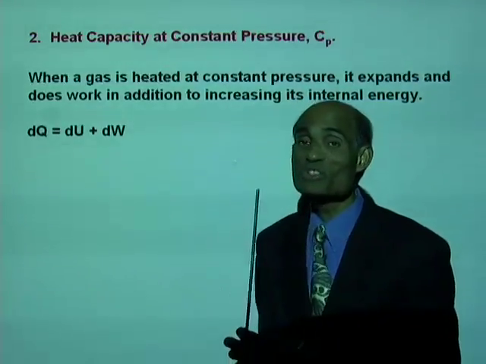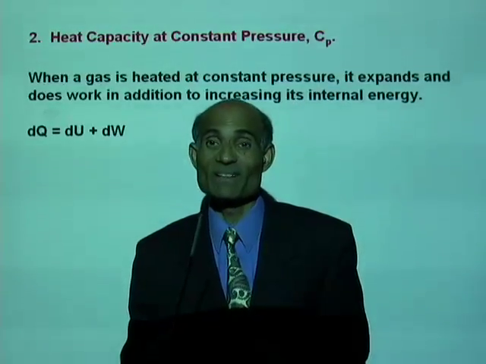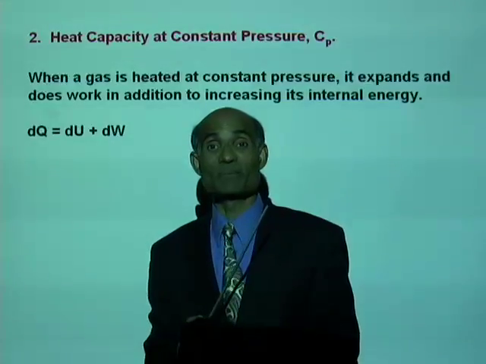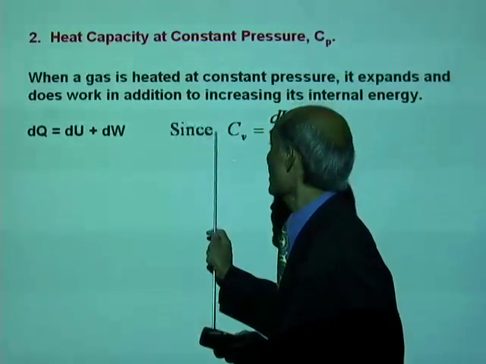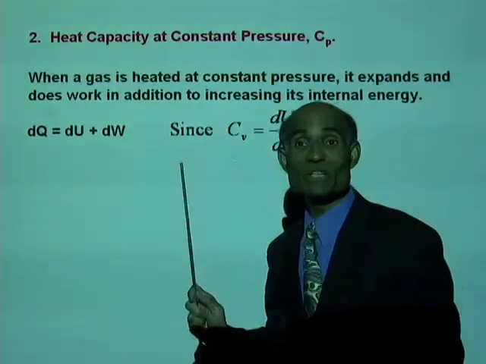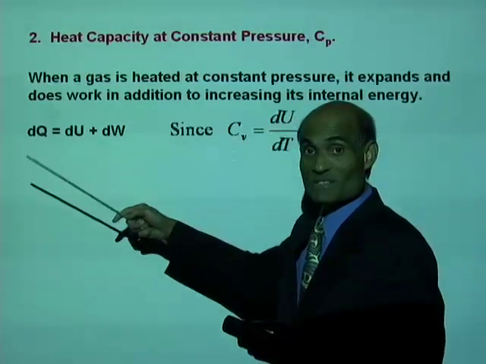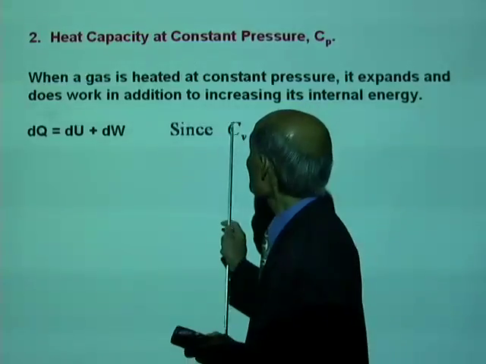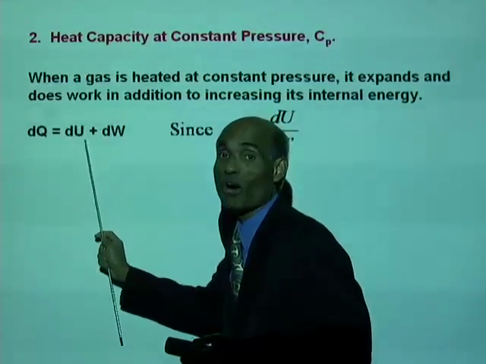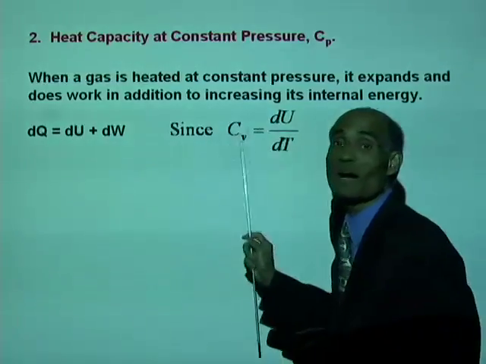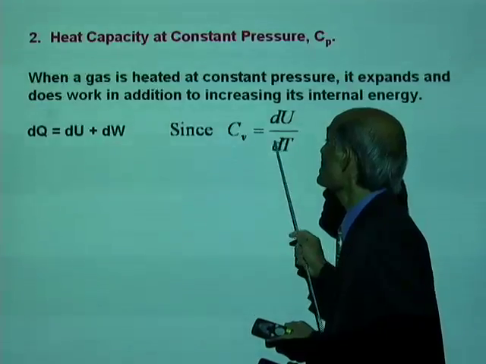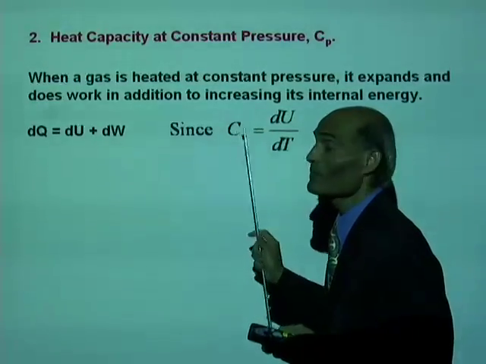And what is the definition of heat capacity? Heat capacity is dQ over dT, right? Now, you know that Cv equals dU over dT, is that right? That's what we just found out earlier. So Cv equals dU by dT, therefore I can replace this dU by what quantity? dU equals Cv dT, is that right?